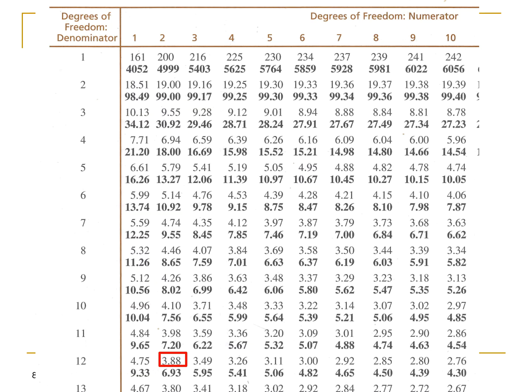And we know that that was 2 and 12. So we go down 2 and 12, and we find 3.88 is our critical value. Notice the bold value is what the critical value for 0.01 would be. In this case, though, we're just looking for 0.05, 3.88, and it is less than the value we calculated. So there is a statistically significant difference somewhere.